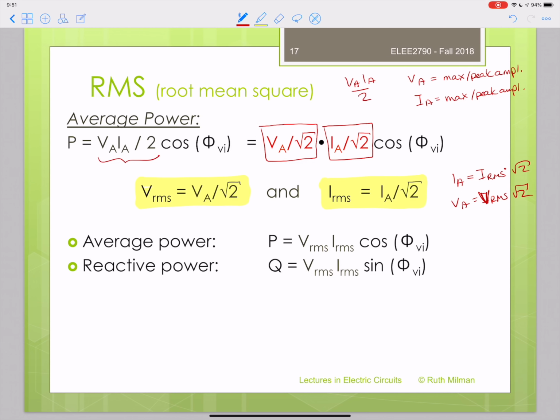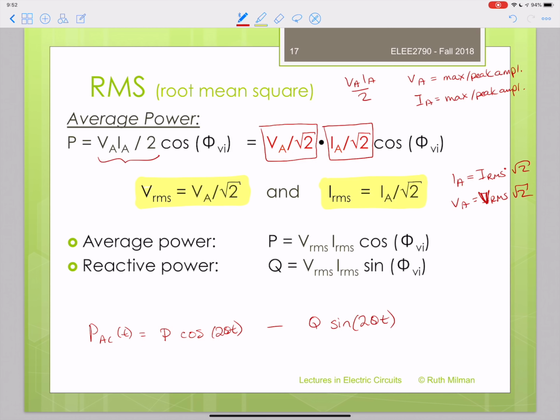So if you want to look at RMS values in terms of average power, P is equal to those two RMS values times the cosine of the angle between them. Q is equal to those two RMS values times the sine of the angle in between them. So if you consider power and you look at the AC component of power, the AC component of power is simply equal to P times the cosine of 2 theta t minus Q times the sine of 2 theta t.